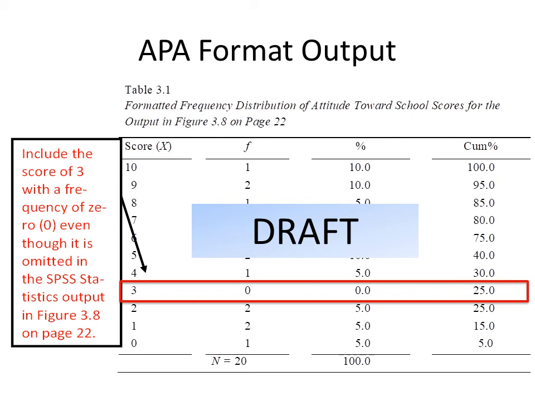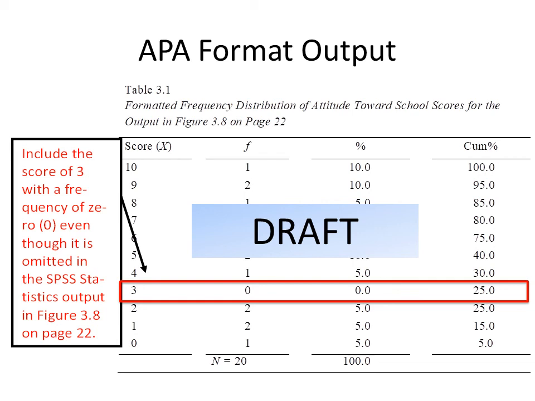And then your third and fourth columns are labeled with the symbols for percentage and cumulative percentage. And the table was given a number. This is Table 3.1, which is fine if you label it that way. And then you also want to have a caption.